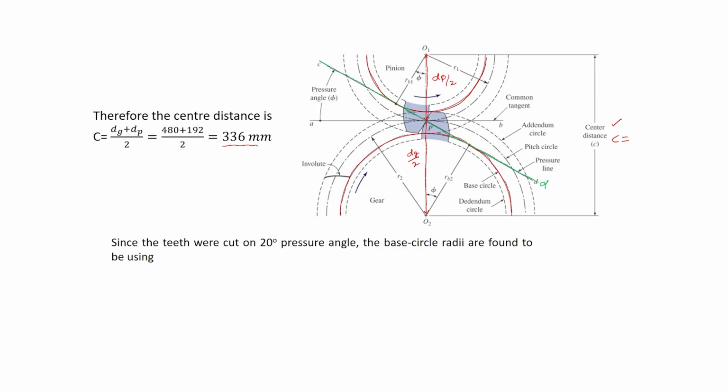CD is the common tangent on the base circles, and the angle is made by the common tangent on the base circles and the common tangent on the pitch circles. The pitch circle of the pinion is this one, and the pitch circle of the gear is this one.